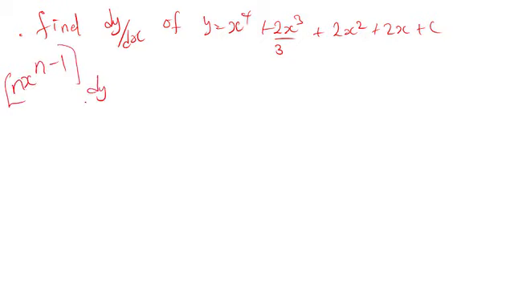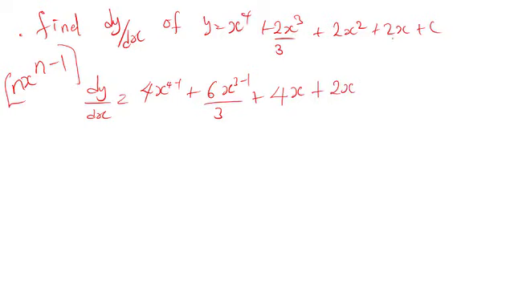Now let's apply it here. dy/dx is now equal to, our n here is 4, so it is 4 x raised to the power 4 minus 1, plus 2 times 3, which is 6, x raised to the power 3 minus 1 over 3, plus 4 x raised to the power 2 minus 1, which is 1, plus 2x, here we have 2x raised to the power 1 minus 1, plus the constant term, which I say is usually 0.